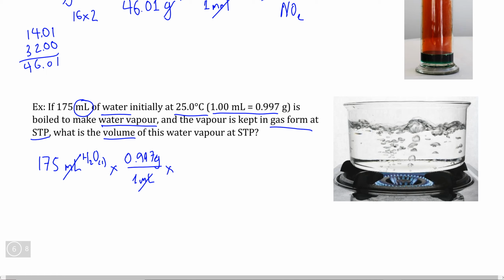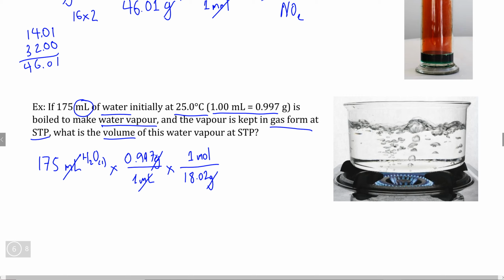From previous questions we've done, we know that the molar mass of water is 18.02 grams per 1 mole, and we set up this molar mass conversion here so that grams is in the numerator and the denominator, so they cancel, and now that tells us the amount of moles of water that we have within this situation.